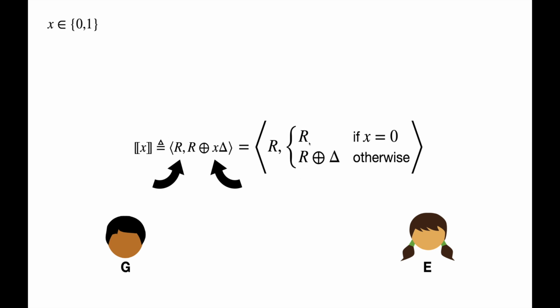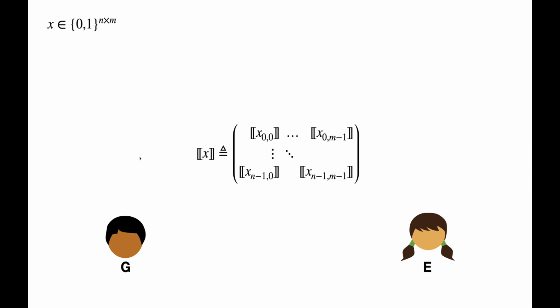The top case will represent a logical 0, and the bottom case will represent a logical 1. The key idea behind a garbling is that E should know neither r nor delta. Hence, she cannot, in general, distinguish a scenario where she holds an encoding of 0 from one where she holds an encoding of 1. It will be helpful to extend our garbling notation to vectors and matrices. The garbling of a bit matrix, X, is defined as a matrix of the garblings of the constituent bits.